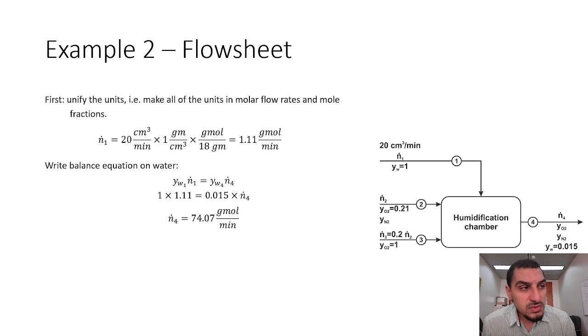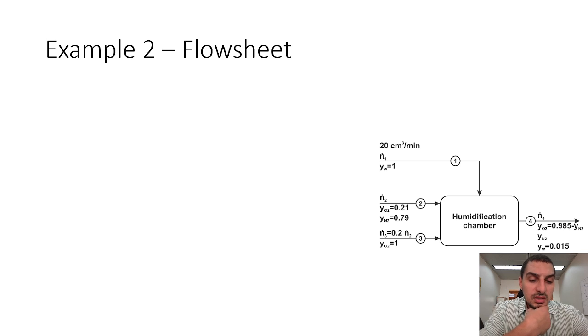Now, to continue the solution, we have some options that we can use. The options are using the mass balance on oxygen, on nitrogen, or the total mass balance. So we will try them all and then see how we can proceed.